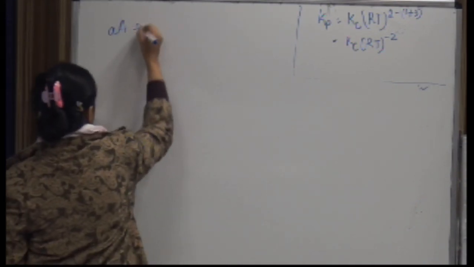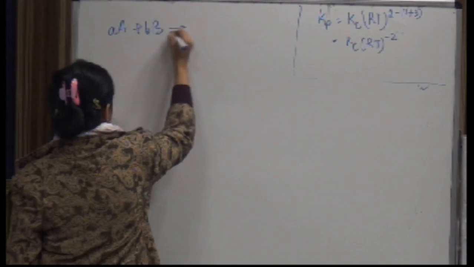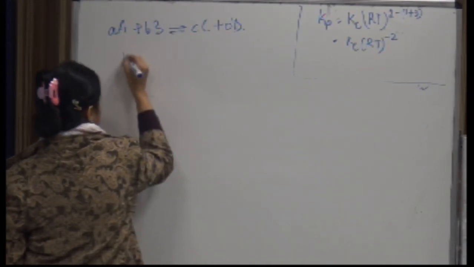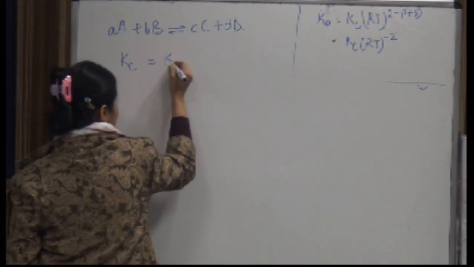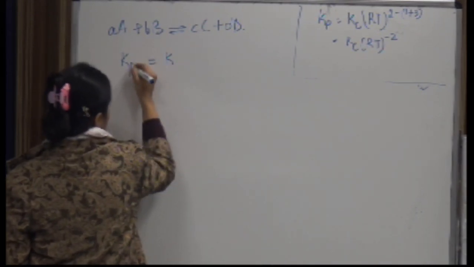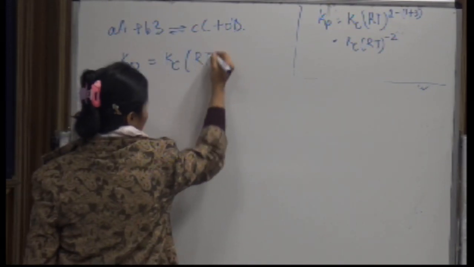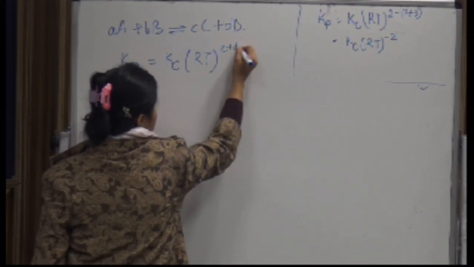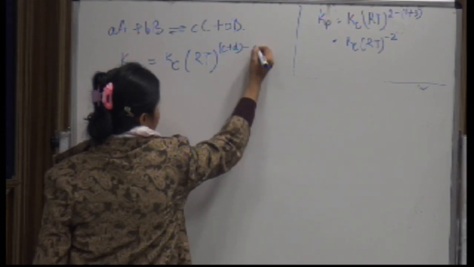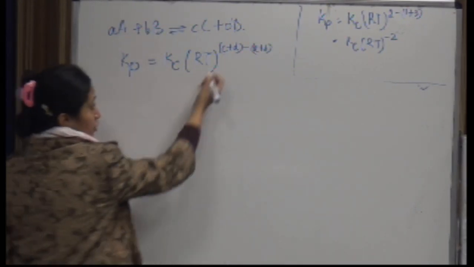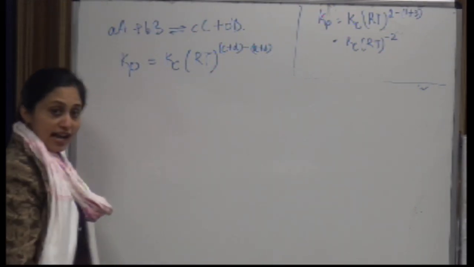So the general formula for aA plus bB giving cC plus dD, when you relate your Kc to Kp, is Kp equal to Kc into RT to the power (c plus d) minus (a plus b). These are the respective stoichiometric coefficients of the products and the reactants.